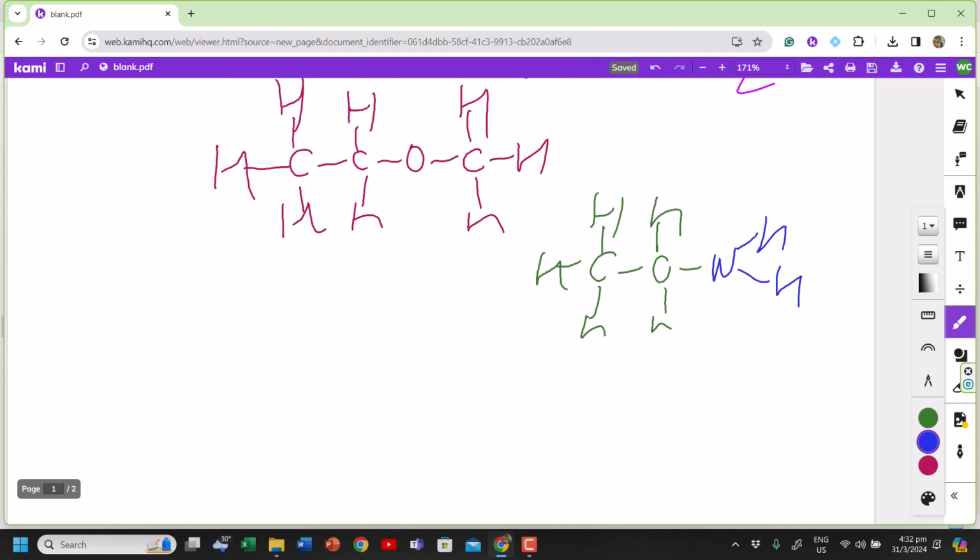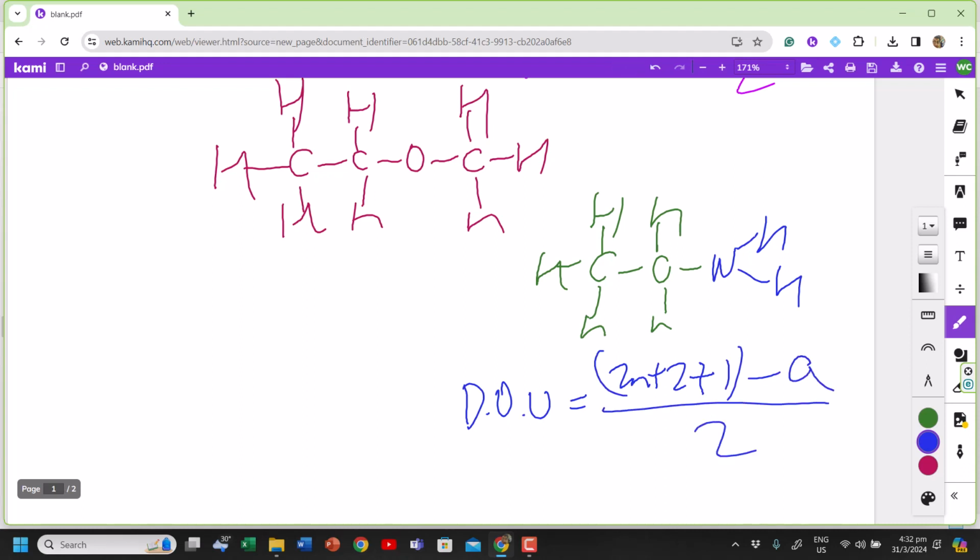So in order to calculate the degree of unsaturation for nitrogenous compounds, we have to take 2n+2, and then add 1 to this formula, and then minus off the actual number of hydrogens the compound has, and then divide by 2. This is the way that we need to modify the formula for the degree of unsaturation.